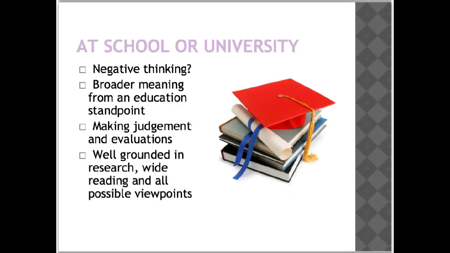Making judgments can involve distinguishing between fact and opinion, or evaluating the validity of information sources or the validity of particular theories or their application to particular situations. These judgments need to be well grounded in research, wide reading, and include consideration of all possible viewpoints. Critical thinking in this sense is based on a synthesis of a number of factors and is not just uninformed personal opinion.